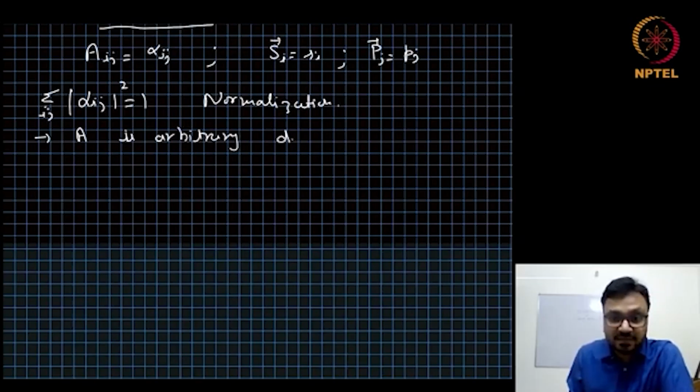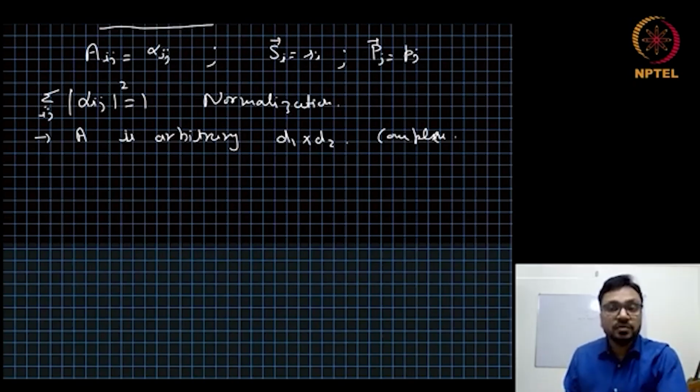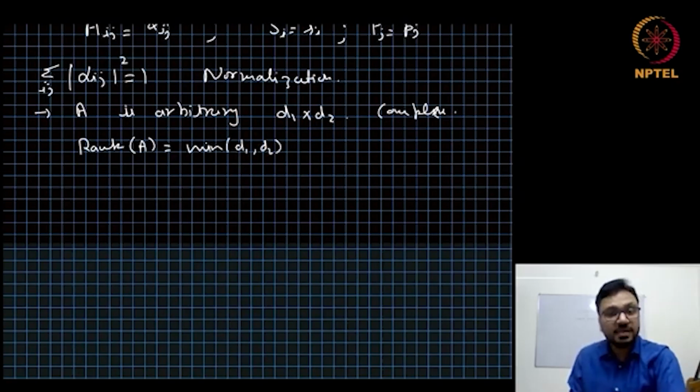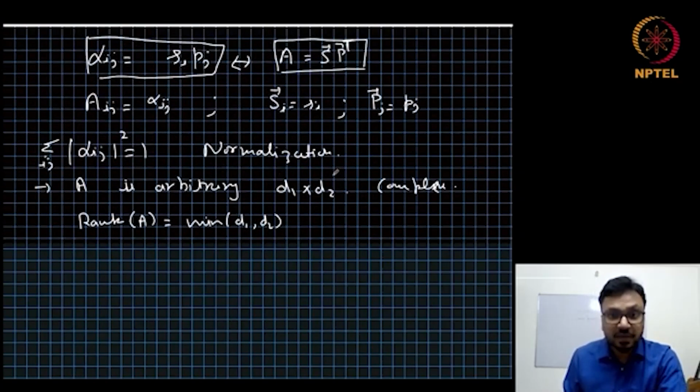The dimension of A is d1 by d2, and it's complex. So A is an arbitrary d1 by d2 complex matrix. The rank of A will be the minimum of d1 and d2 in general. There can be specific cases where it will be less than this, but there exist a lot of matrices A for which the rank is the minimum of d1 and d2.